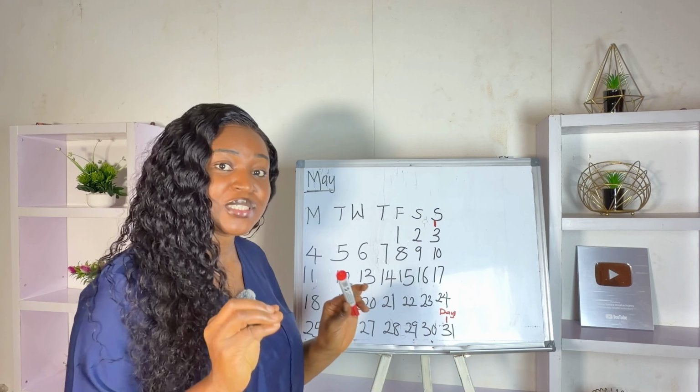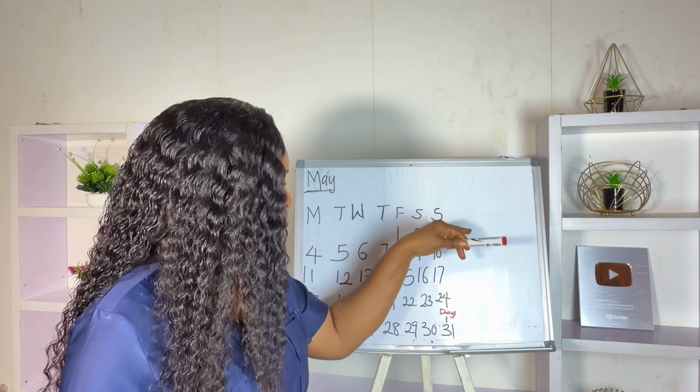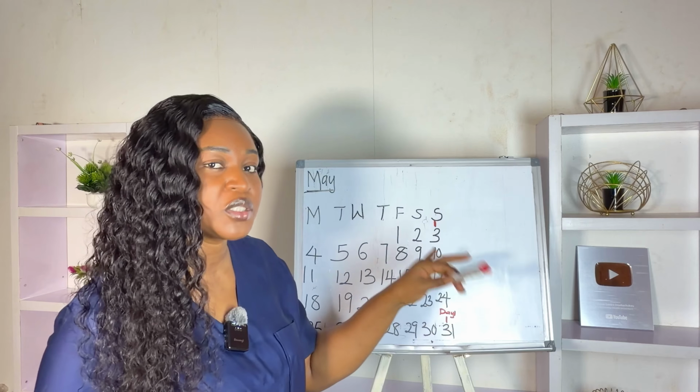Now, to know your cycle length for this month of May, all you have to do is start counting from the first day you see your period to the day before your next period begins.